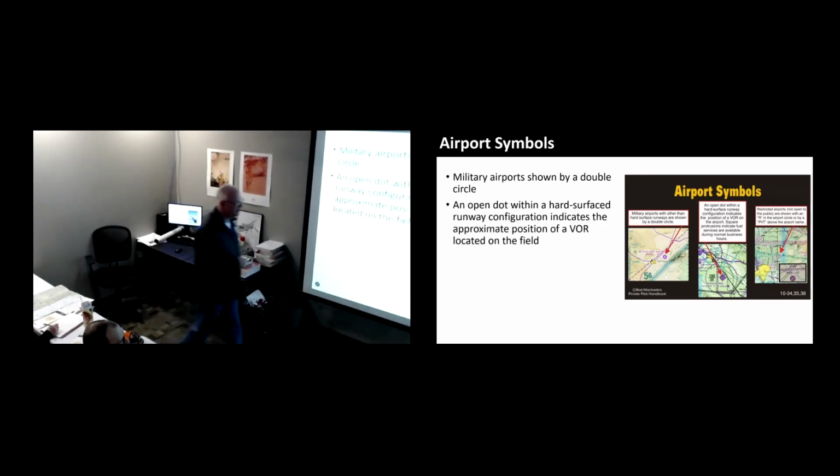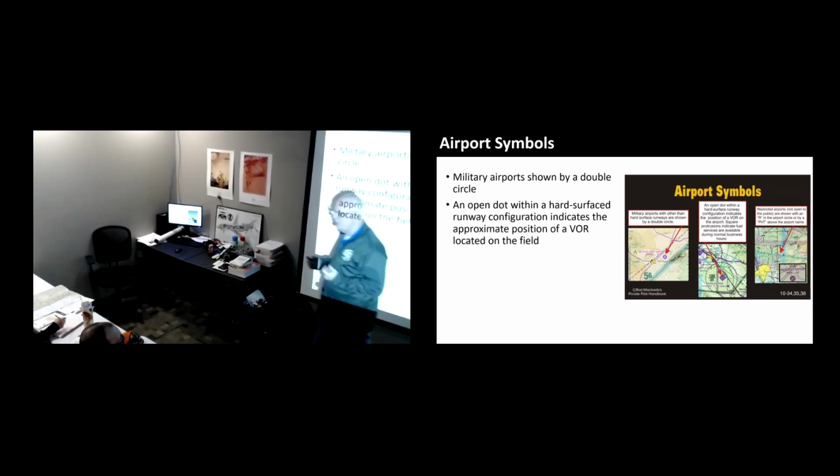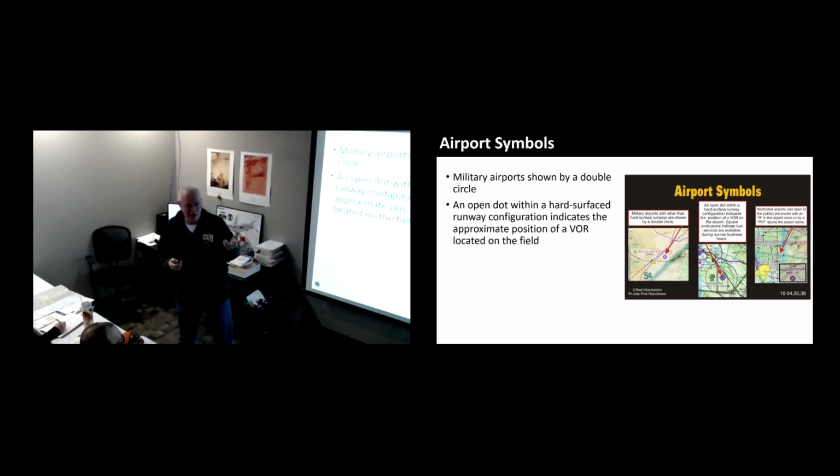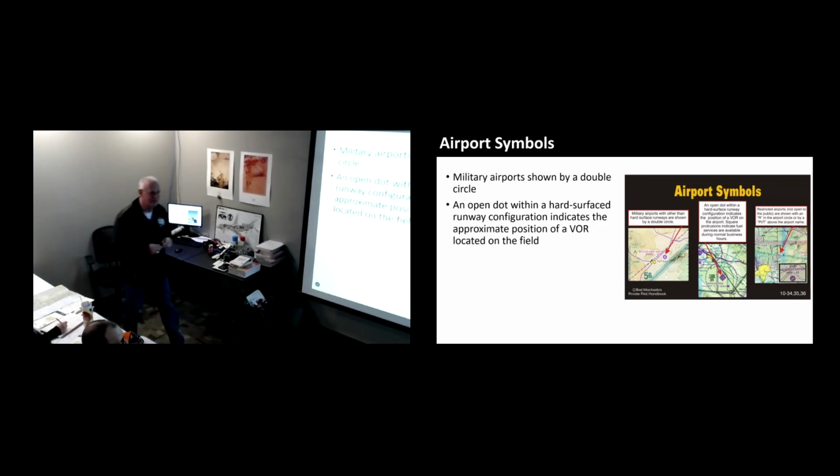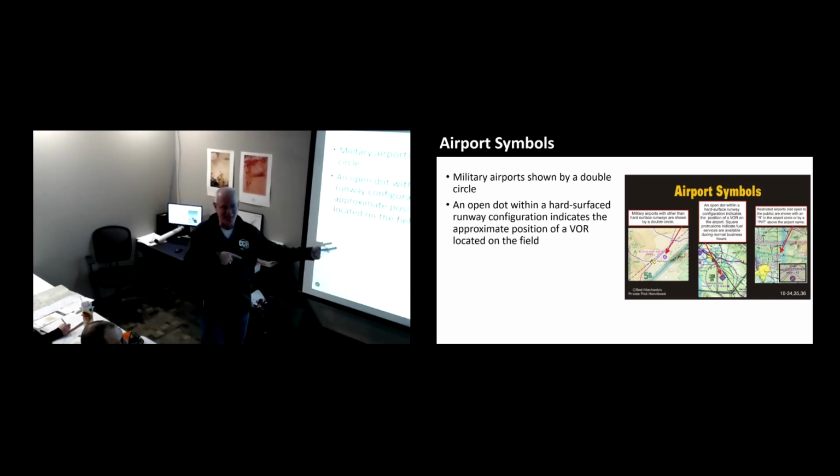If you look real close, you see a little white dot there, right in the middle of that airport. That's an indication that there is a VOR facility at that airport. Okay, what does VOR mean? I'll teach you that Tuesday.